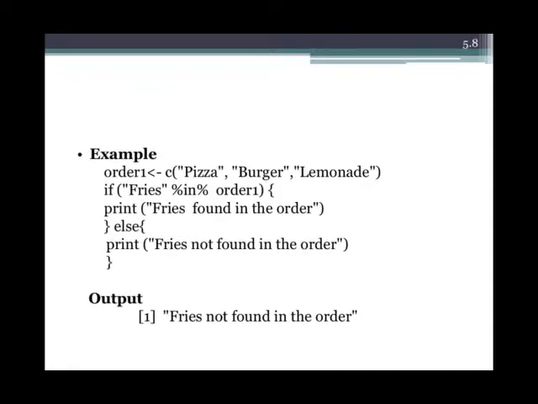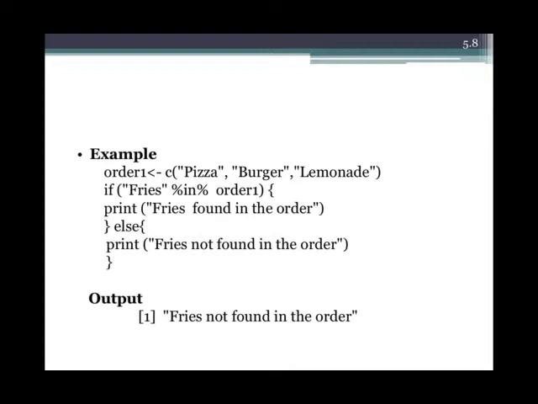In our example, we have said that order1 contains the strings pizza, burger, and lemonade. We are running an if statement which says if fries are found in the variable order1, then we say fries found in the order. Otherwise, which is else, the syntax in R, we say print fries not found in the order.